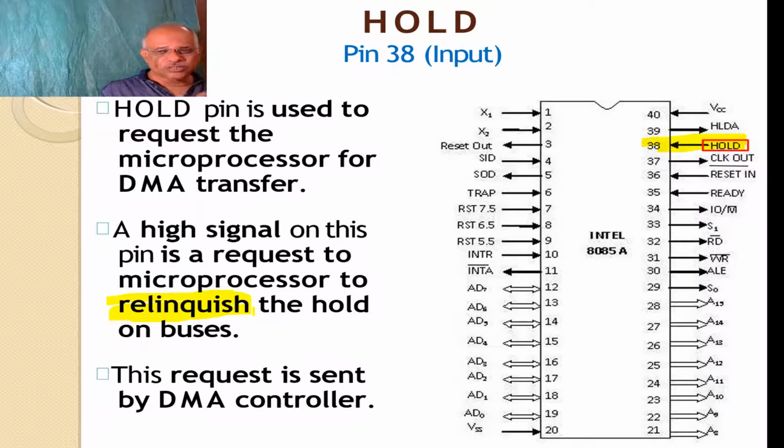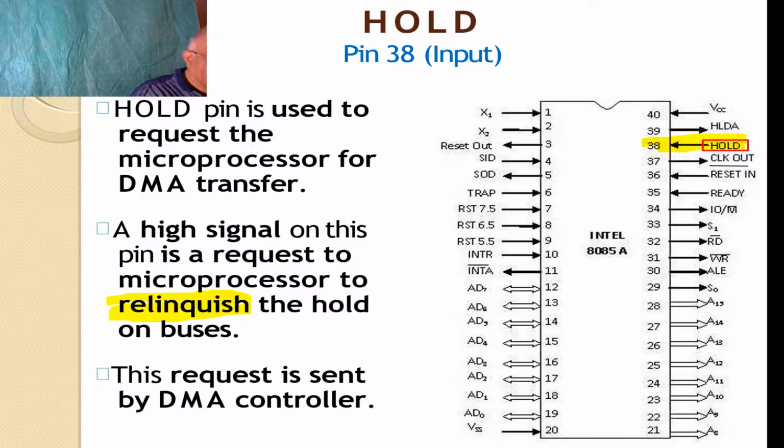Here, microprocessor 8085 does not put an address on the address bus, and does not receive the data available on the data bus. Both these buses are controlled by the DMA controller. This request is sent by the DMA controller. Whenever we discuss the DMA data transfer scheme, at that moment I will explain the HOLD pin in detail for you.